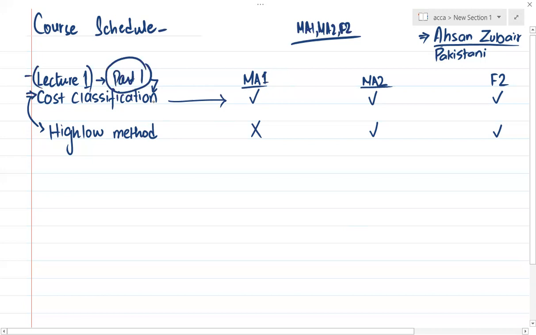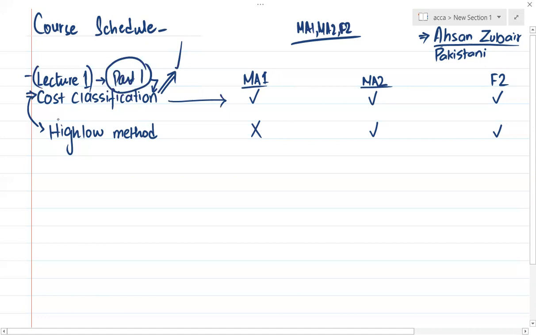If anyone is from MA2 or F2, any of the three subjects, you can go through the chapter cost classification. I don't know how many parts I will make, maybe 4 or 5, but as many parts as I make, every student of MA1, MA2, and F2 can take my lectures.